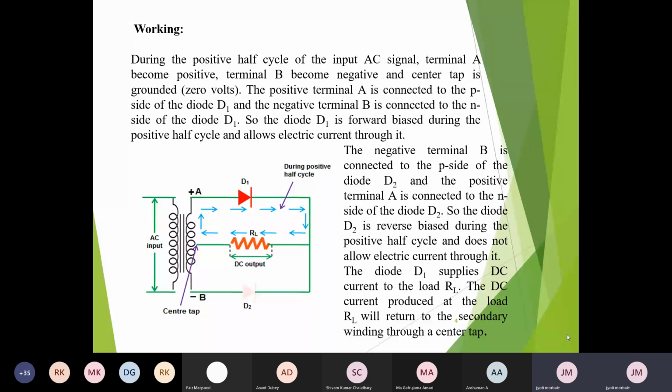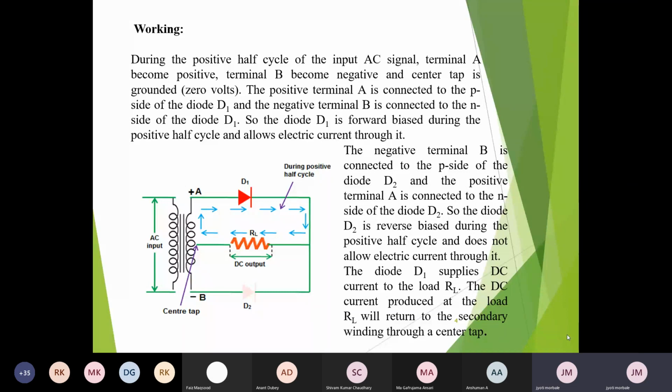As soon as the positive half cycle appears across the secondary winding of the transformer, remember, look at this PPT: the upper terminal A will be positive and terminal B will be negative. As terminal A is positive, diode D1 will be forward biased and acts as a closed switch, an on switch.